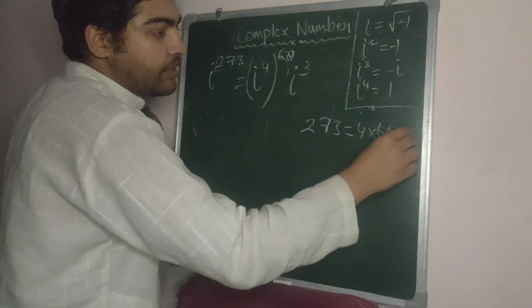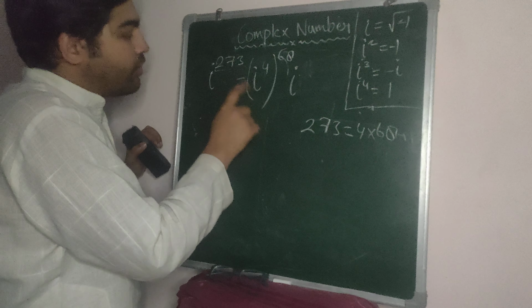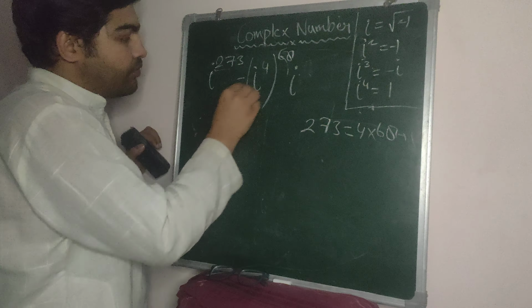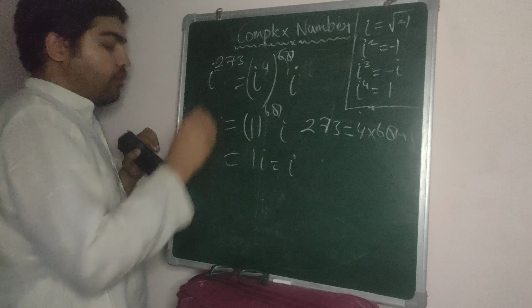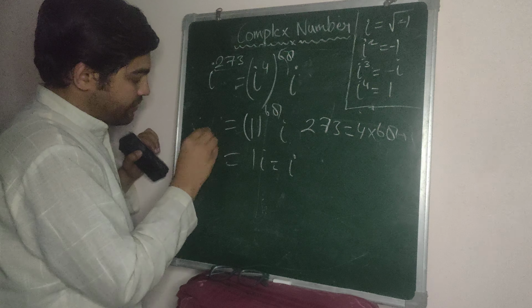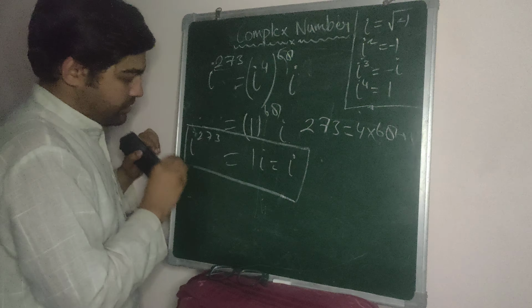Okay, so the remainder is 1 here, so it will be i. So we know the value of i to the power 4 is 1, so it is 1 to the power 68 into i. 1 to the power 68 is 1, so the final answer is i. The value of i to the power 273 is i. Okay, this is the way of calculation.